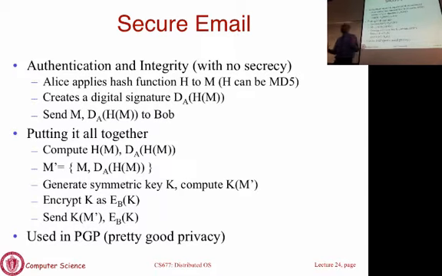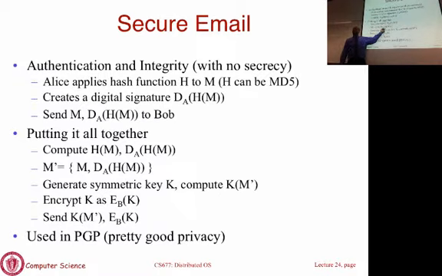So it should be clear that only Bob can make any sense out of it, because the first thing you need to do in order to read the message is decrypt, get the key. Okay? Only Bob has the private key, so only Bob can get K out of this encrypted version. Okay, so the message is useless for anyone else. Now once Bob extracts K, Bob can decrypt this part and extract the M prime. Okay?